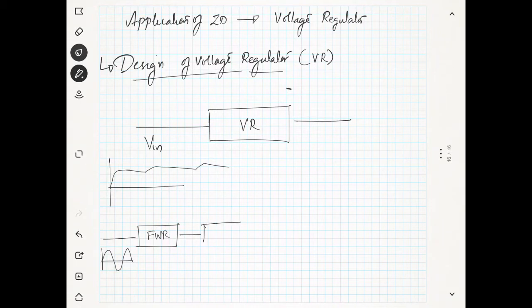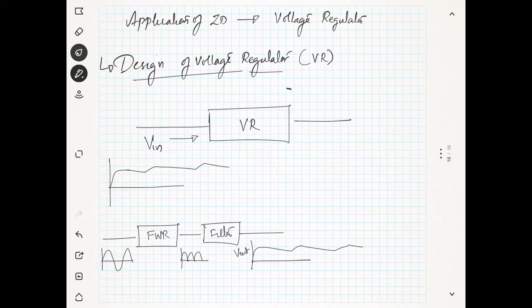After that you have a capacitive filter or some kind of filter. So you will get the output like this, and after the filtering operation you have the signal like this. This is the voltage output, and this signal you will give as the input to the voltage regulator.